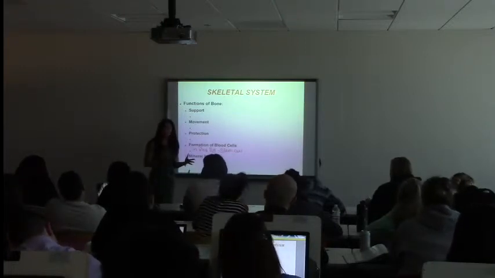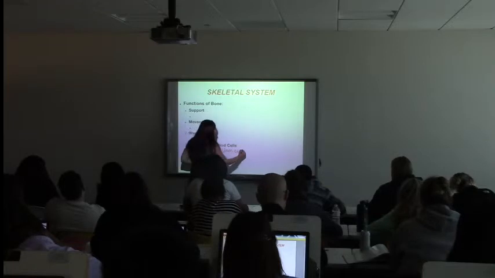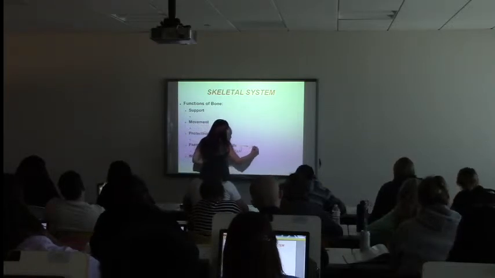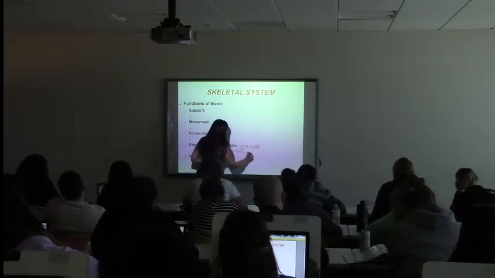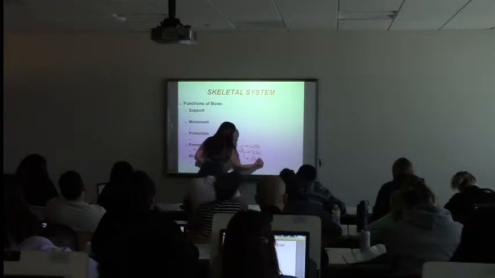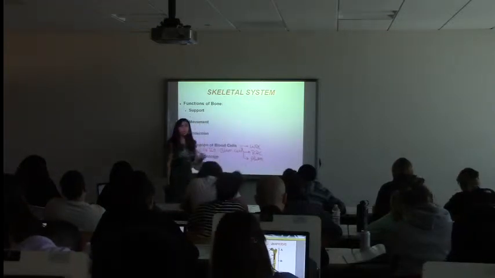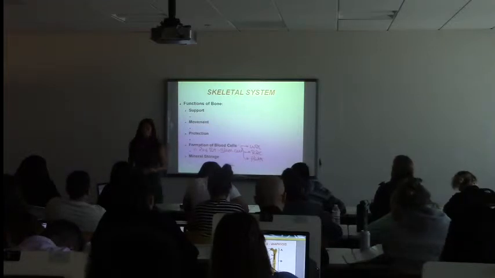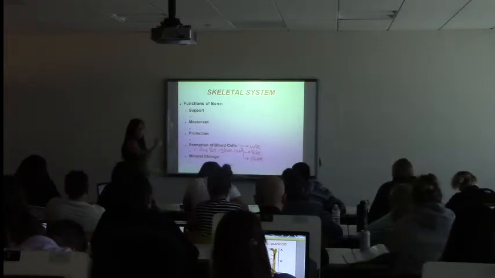It could differentiate into different branches. It could differentiate into a white blood cell, red blood cell, or platelet, depending on what growth factor, what signals our body is sending out.